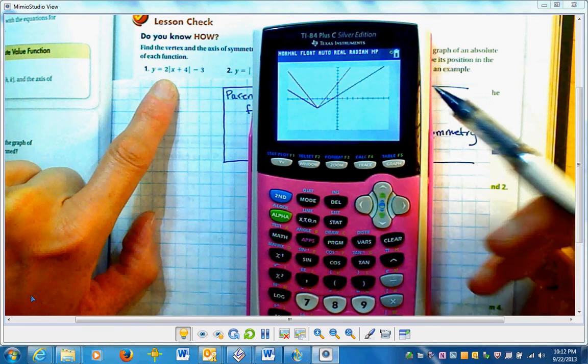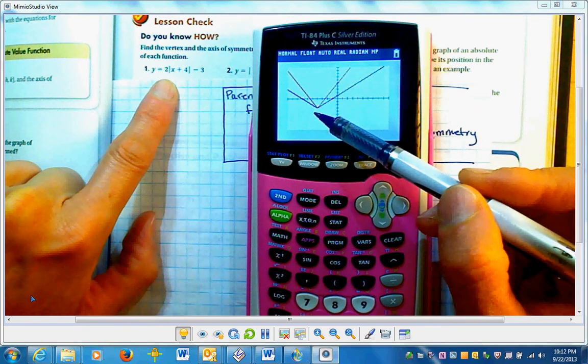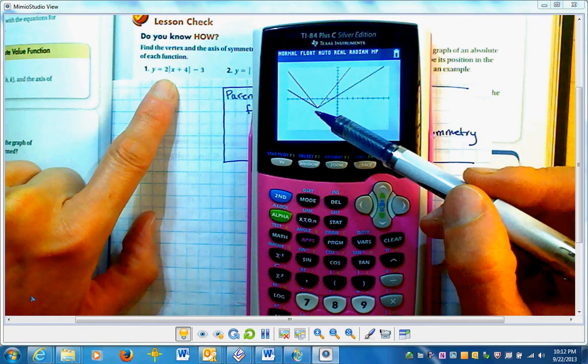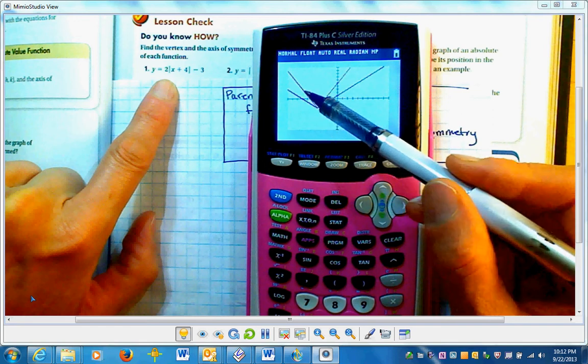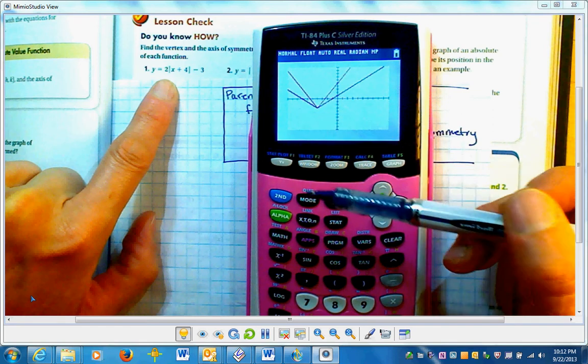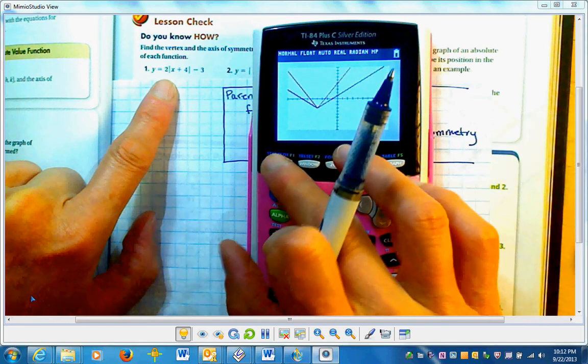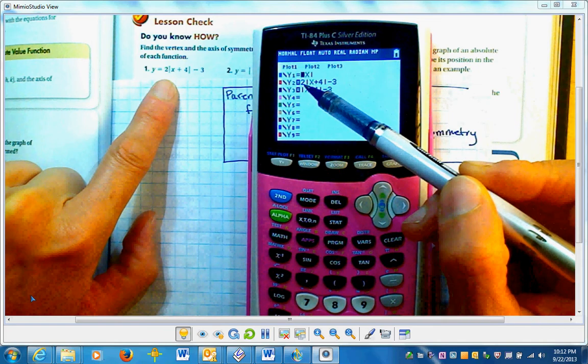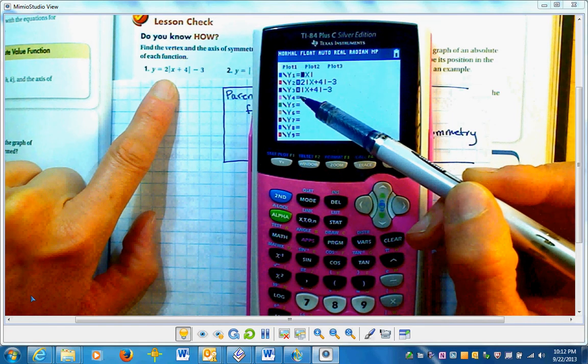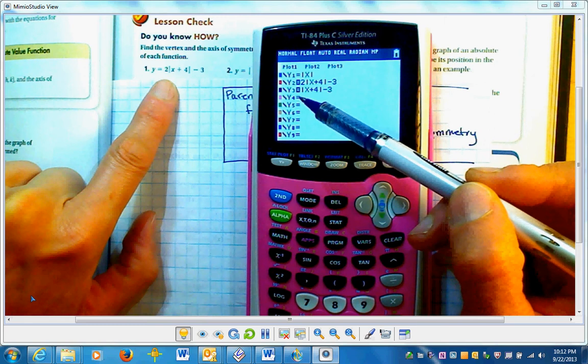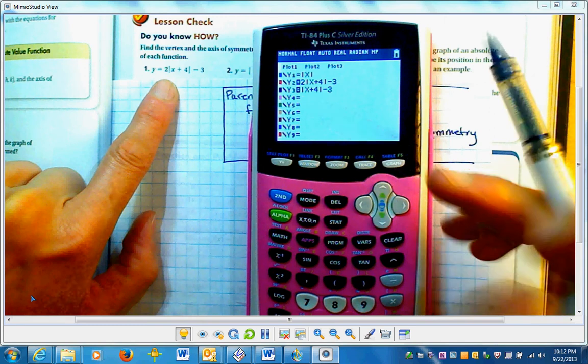So you can see my vertex is the same, but what was different between my red equation and my black equation? Well, my red equation, y2, had a 2 in the front, and my black equation, y3, did not have a 2 in the front. Everything else is exactly the same.